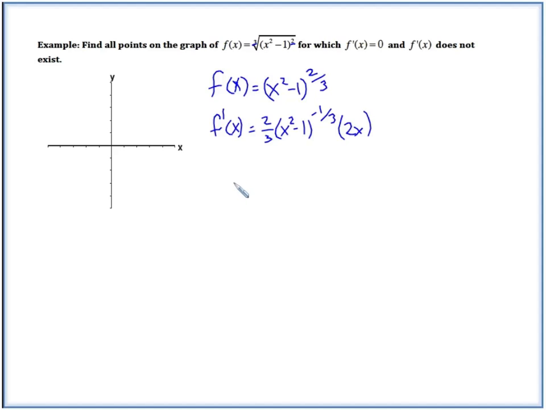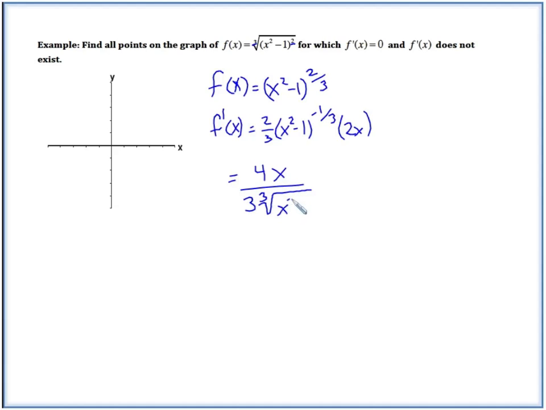And now let's go ahead and simplify this. So we have 2 times 2x will be 4x. And then here's the 3. And our negative 1/3, we're going to flip this underneath. And the 1/3 power is the same as a cube root.